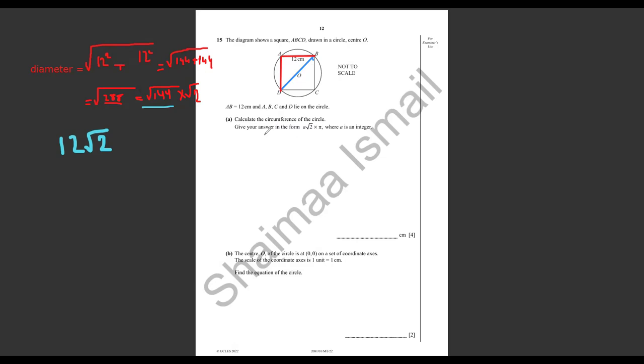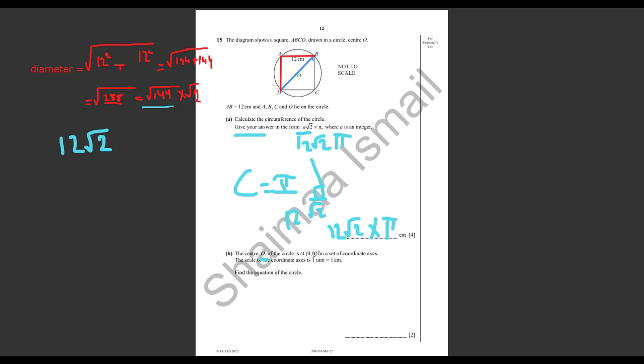Give your answer in terms of pi, which will be 12 root 2 pi, because the circumference is equal to pi times d, and d is 12 root 2.